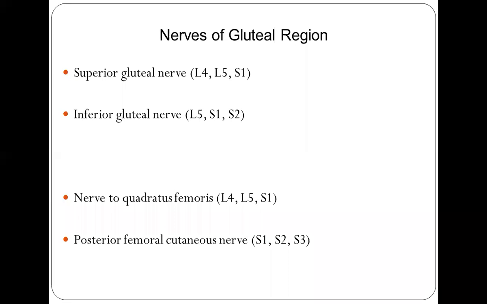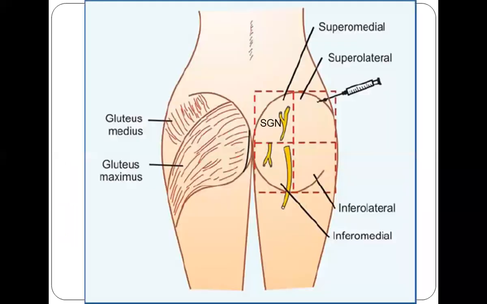Whereas the inferior gluteal nerve's root value is L5, S1, S2. You can compare the root value of superior and inferior gluteal nerve. And the nerve to obturator internus has the same root value as inferior gluteal nerve. Now we'll look at the posterior femoral cutaneous nerve, S1, S2, S3, which is medial to the sciatic nerve.